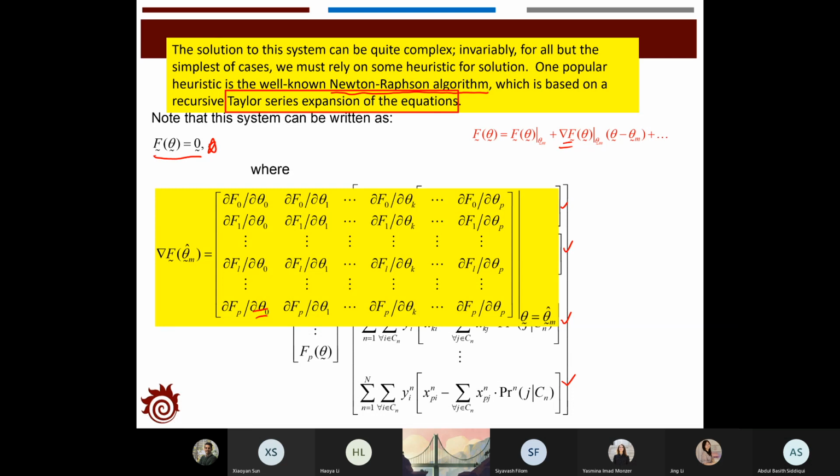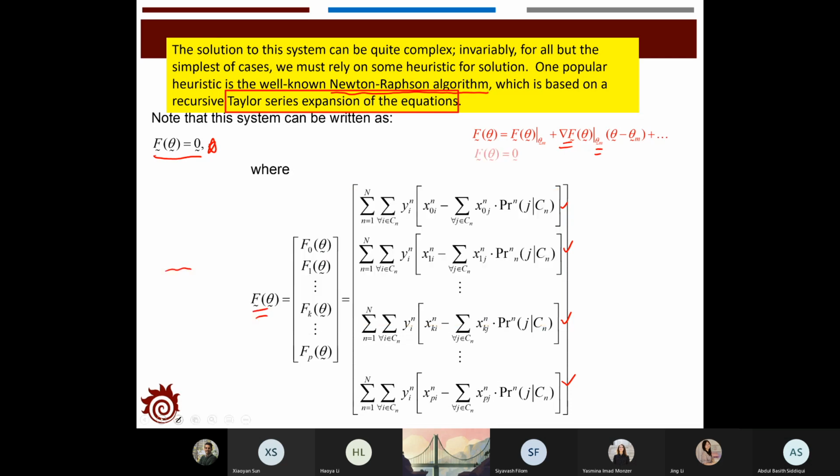Here you're going to see what the matrix of the partial derivative of f(theta) looks like at some specific value theta_m. Now you can see what happens if f(theta) equals 0. That is the optimal solution, where the optimal solution stays.